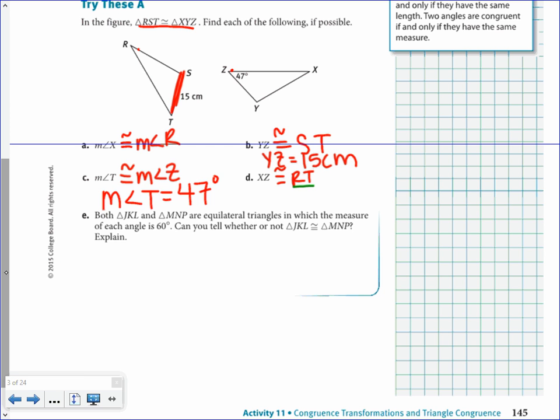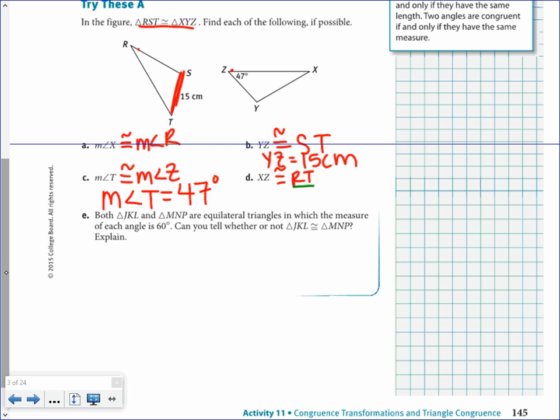And so you could rotate or turn or reflect it or just slide it over, and you could put it so that your triangles are exactly on top of each other, and then you would be able to tell which sides are corresponding because the corresponding ones will be right on top of each other. And so if you need help with that, use your patty paper.